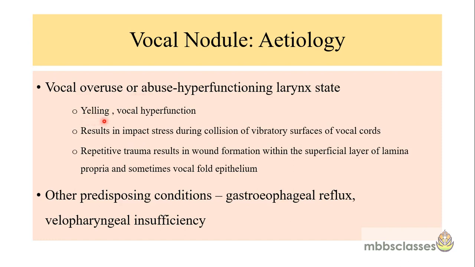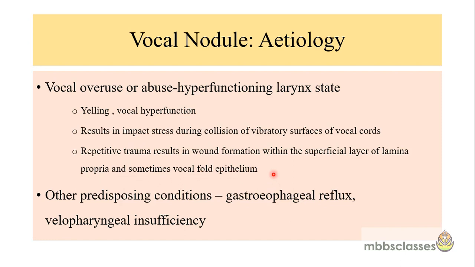It can be yelling or vocal hyperfunction, which results in impact stress during the collision of the vibratory surfaces of the vocal cords. And this trauma which results in the vocal nodule will not be in one attempt. Due to the repetitive traumas, it results in wound formation within the superficial layer of the lamina propria and sometimes may involve the vocal fold epithelium also.